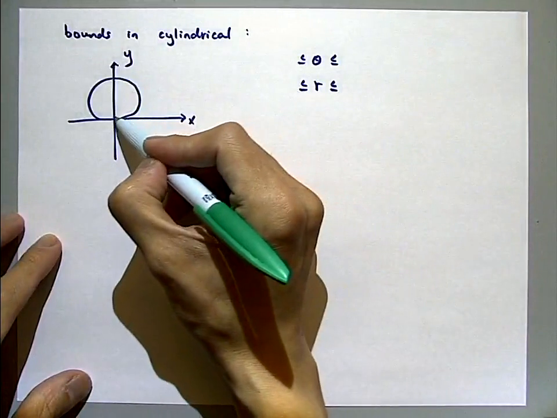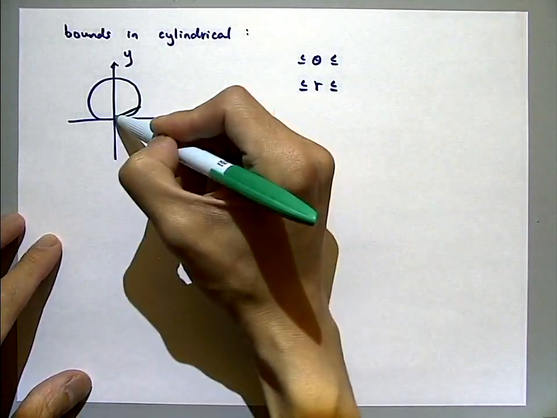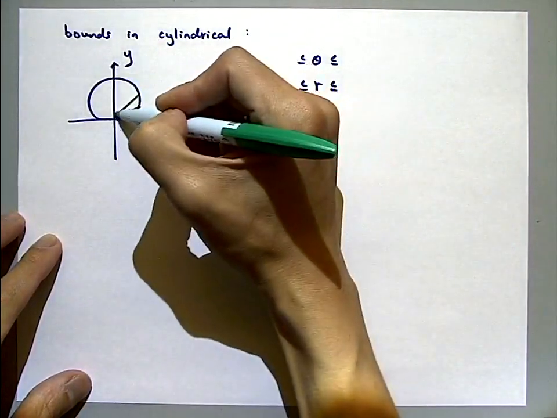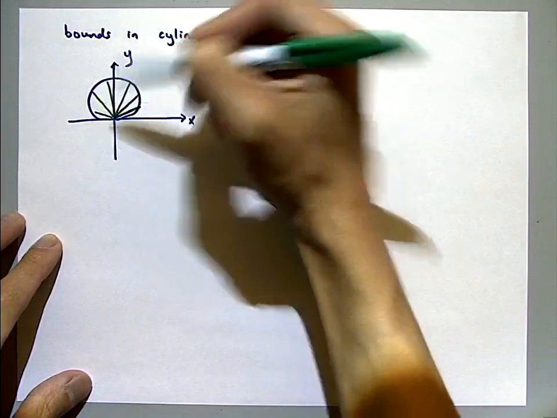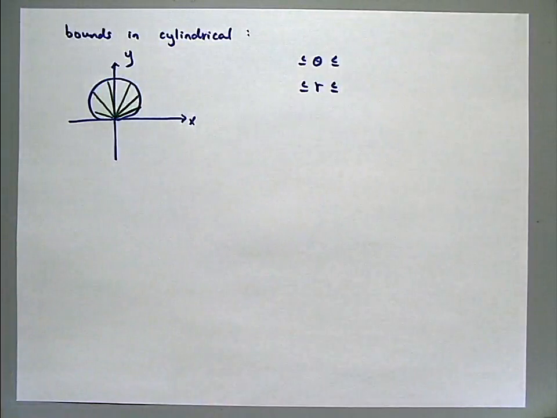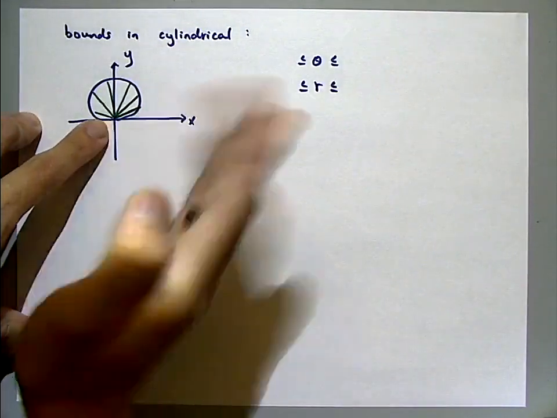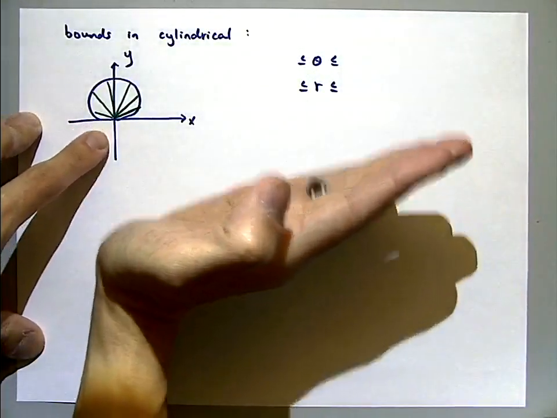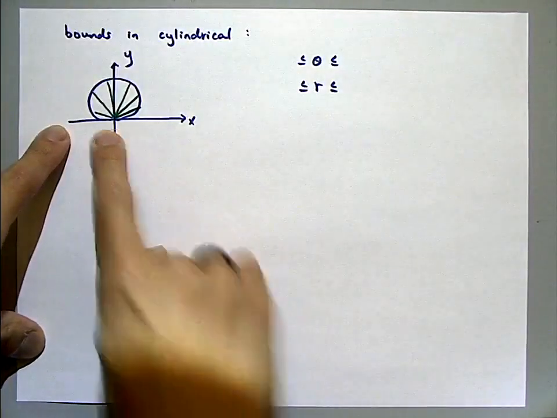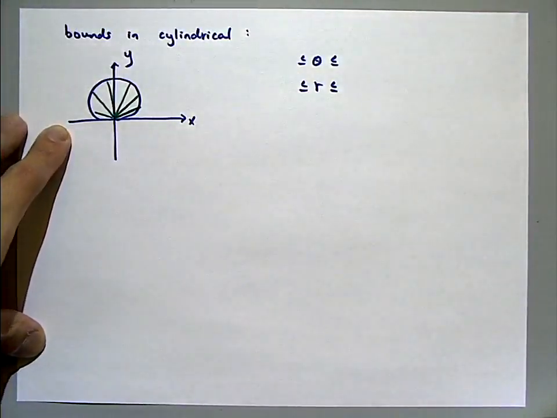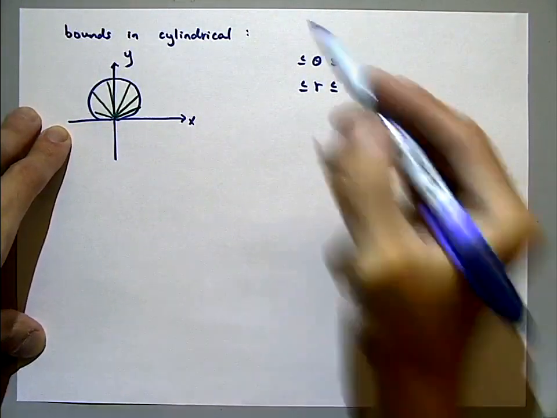So in polar, what we're doing here, we're accumulating all of these little green lines as it sweeps from one end to another. So we start our accumulation toward the x-axis, and we end our accumulation toward the negative x-axis. So my bounds would be what? 0 to pi, right?